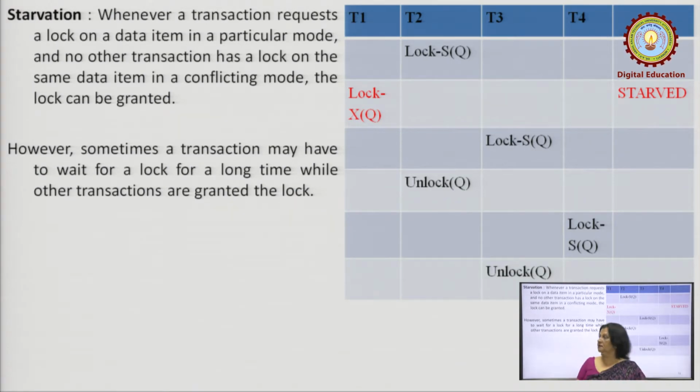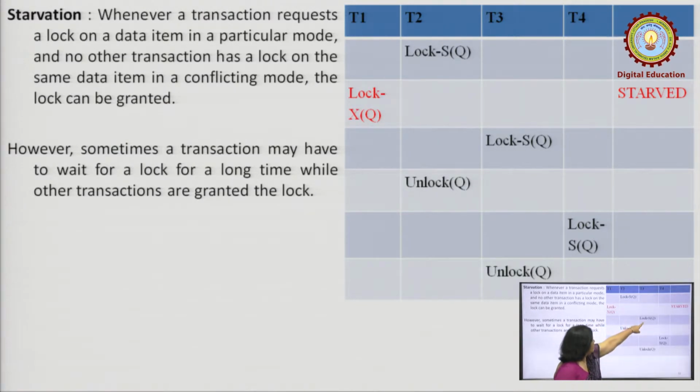Let us look at this example where we have transactions T1, T2, T3 and T4 which are using the data item Q. Here transaction T2 has locked the data item Q in the shared mode. Transaction T1 is requesting a lock on the data item Q in the exclusive mode.